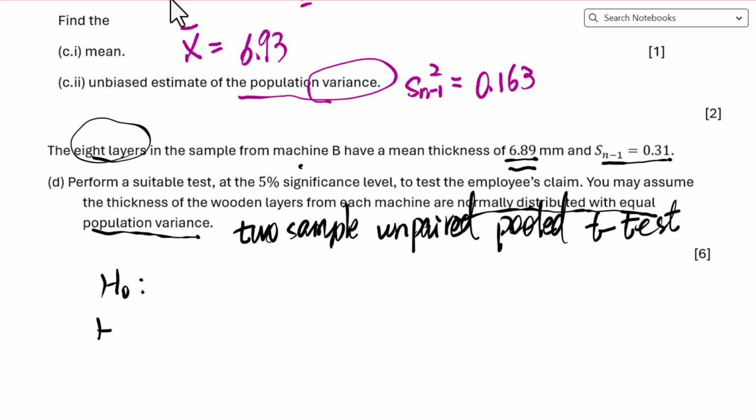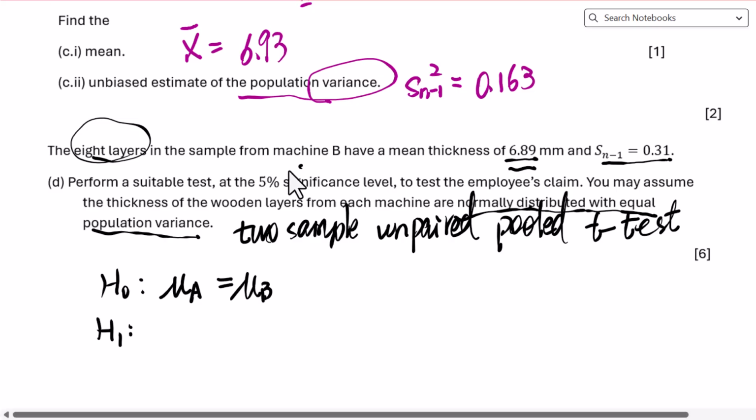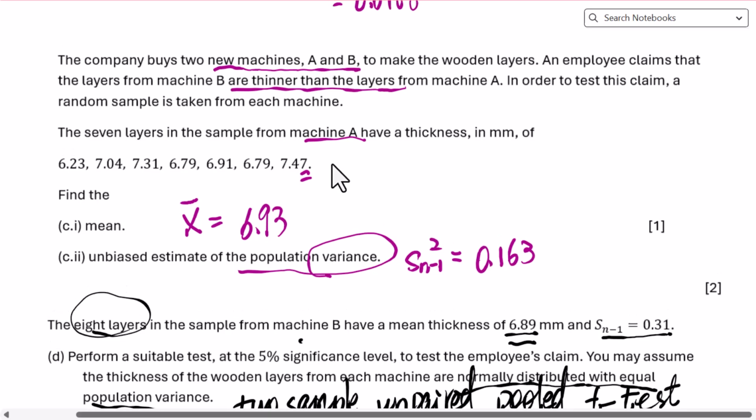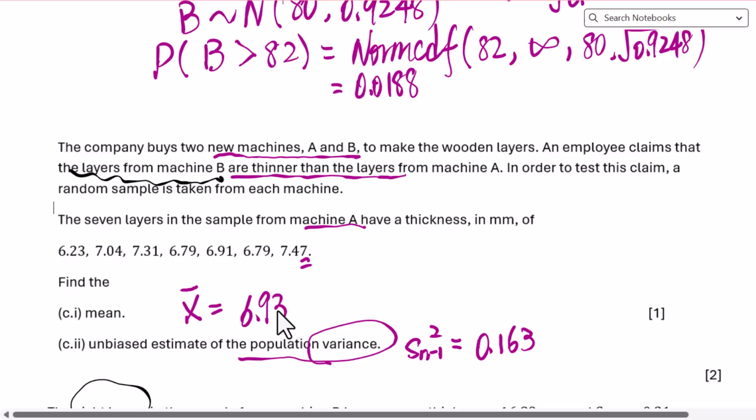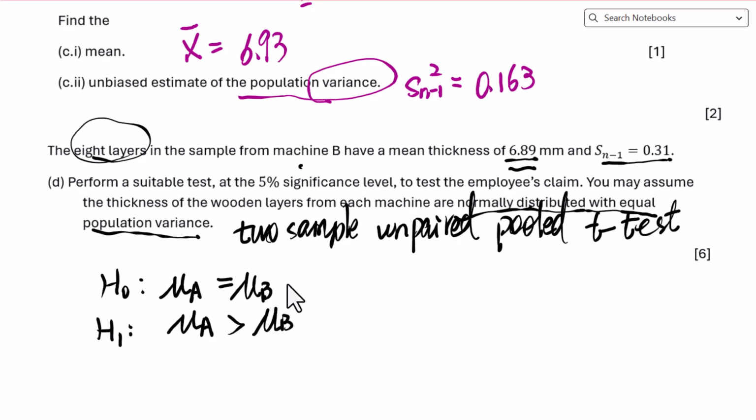H0, H1. Machine A, we will use mu A. Machine B, use mu B. Let's go back to check the claim. The layer from machine B are thinner than the layer from machine A. So mu A greater than mu B.